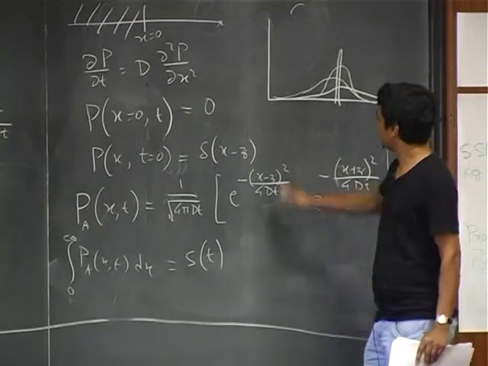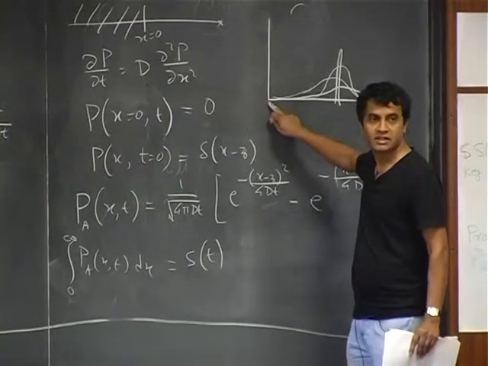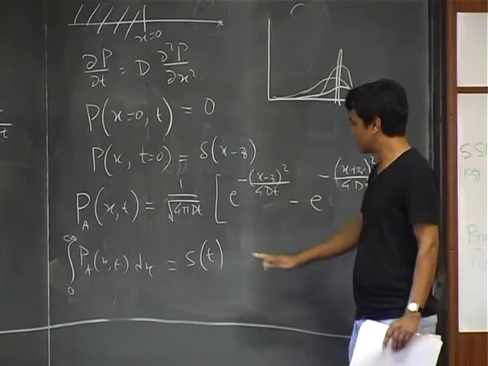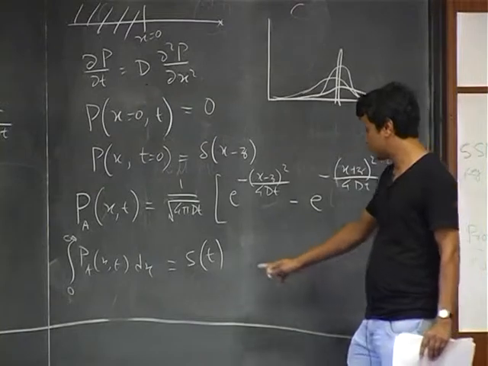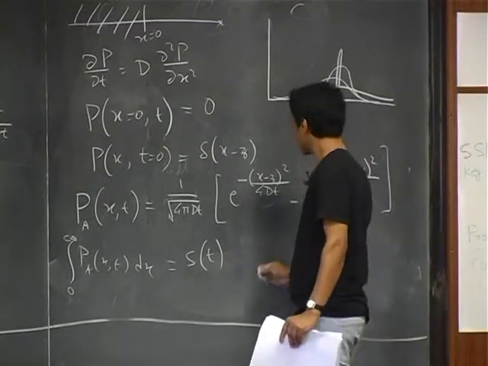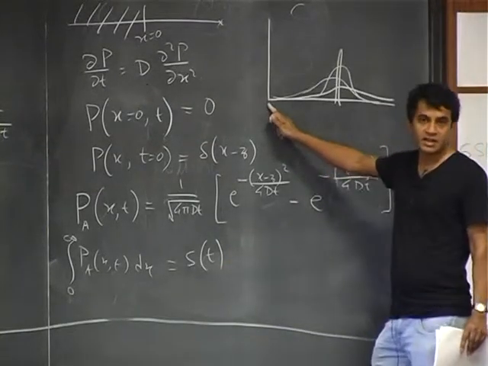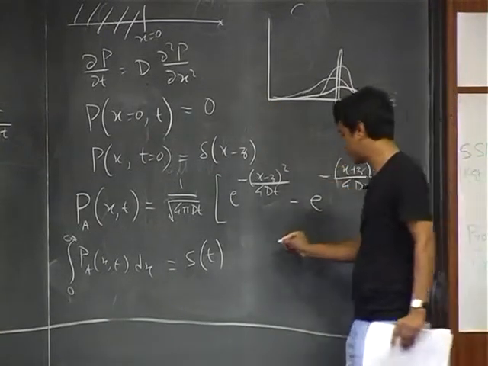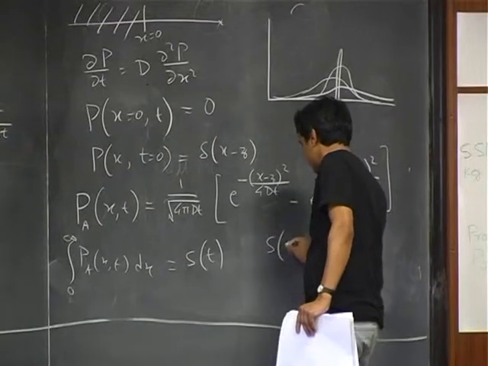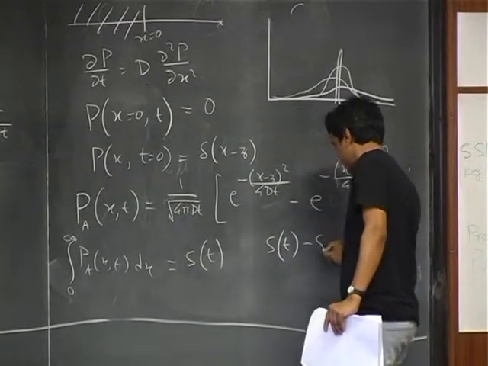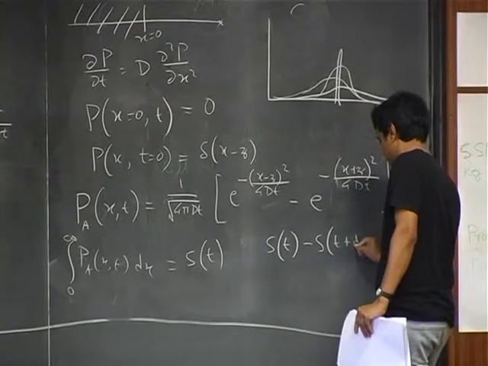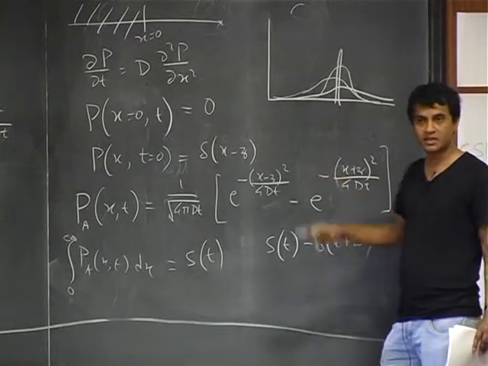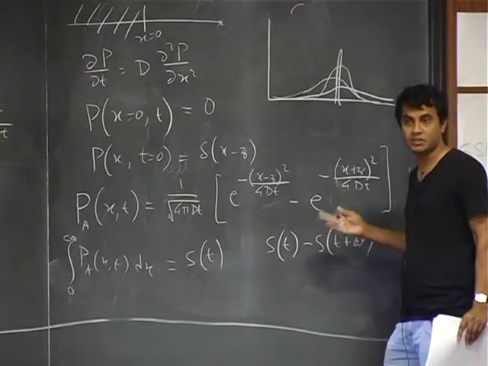Okay, so now what we want is the probability that it escapes between time t and t plus dt. One way to do it would be to take this function. If it survives till time t, what is the probability it survives? So if I look at this quantity, survival at time t minus survival at time t plus dt, this is the probability that it has survived till time t, and this is the probability that it has survived till time t plus dt.